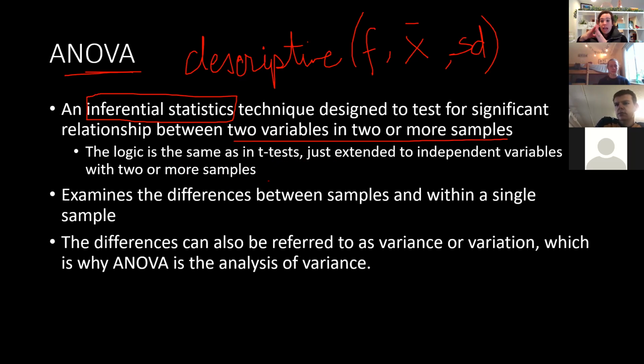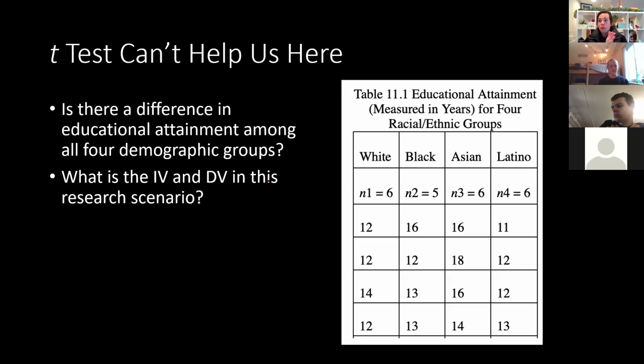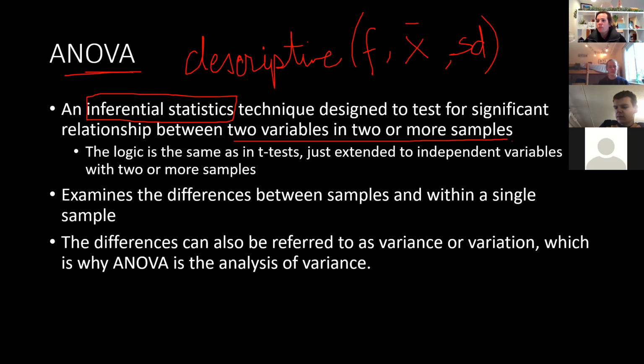I can think about my other example over here. I can think of each of these as being samples. That would be one way to look at it. It also examines the differences between samples and within a single sample.